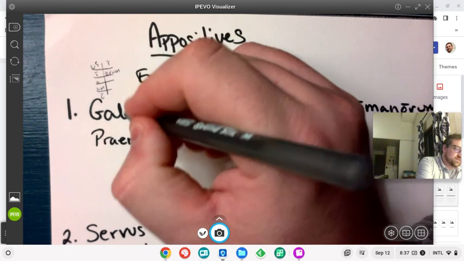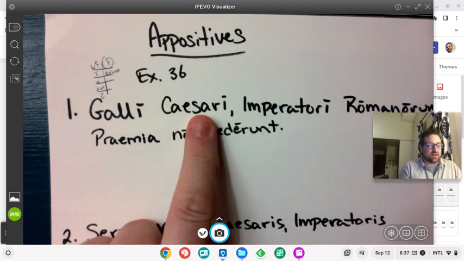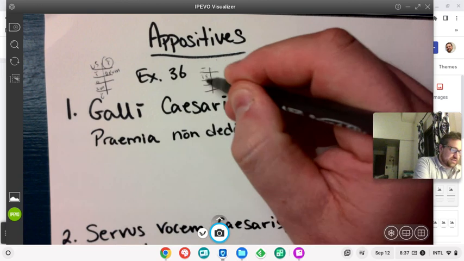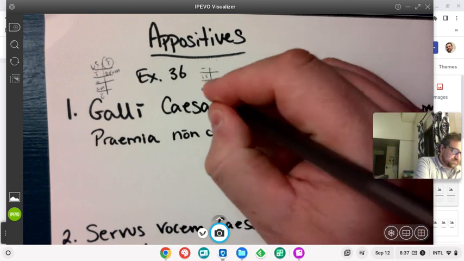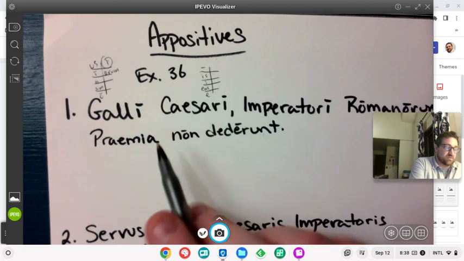So Galli could be a nominative, but Caesari is a third declension word. Third declension words go various, is, e, a. So when we see an e on the end of this word, that's not a nominative, even though this one is a nominative, and they have the same letter on the end of the words.